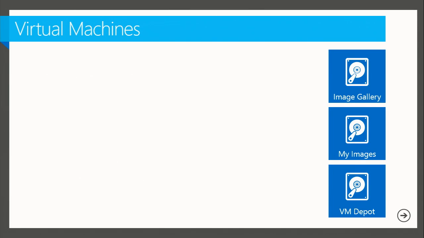So, 3 places where we can pull these virtual machine images from. One is the image gallery, and you've seen me in that a few times where we've got the Windows servers and the Linux servers. We can also create our own images, and I'll show you how to do that in a moment. We also have a VM depot.